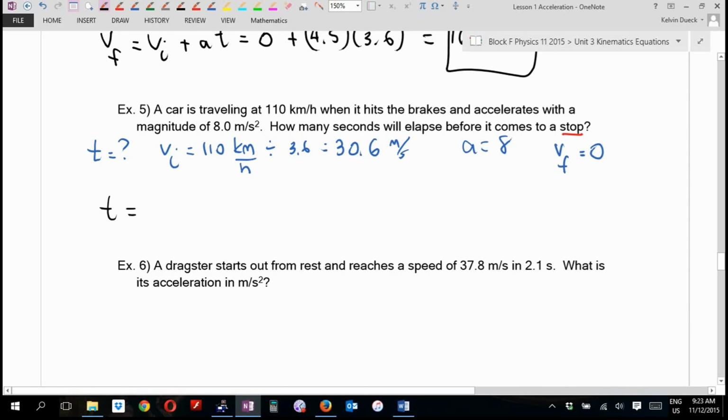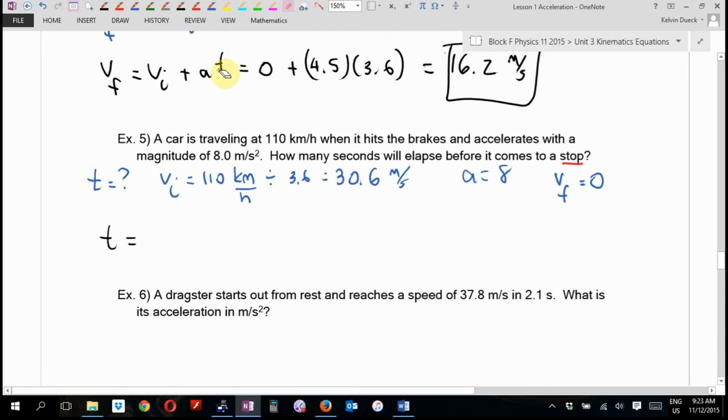Oh, wait a minute. Look. I'm going to get the T by itself from this equation right here. Wouldn't I drop the VF down because it's not on the same side as the T? I would minus the VI over. And then, oh, there's an A. How would I move that over?